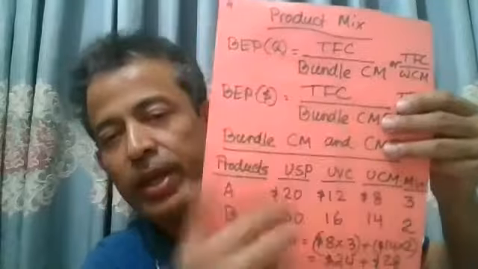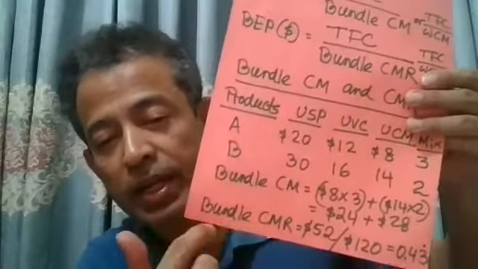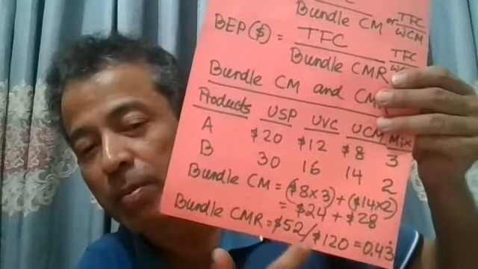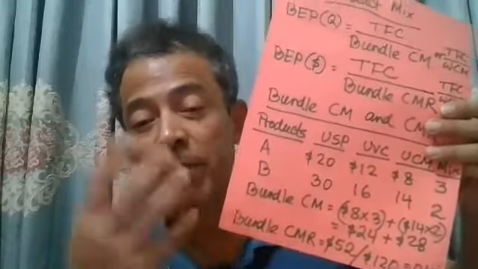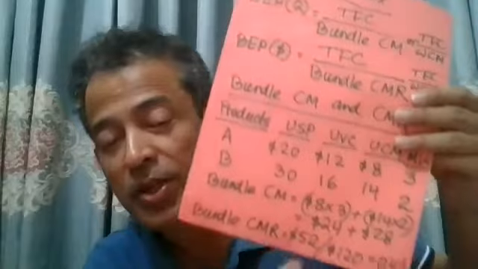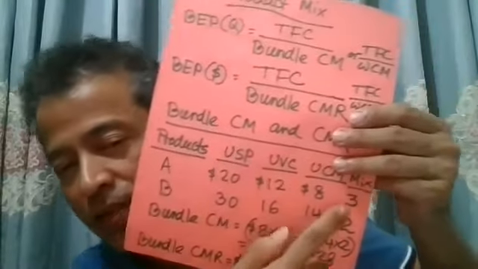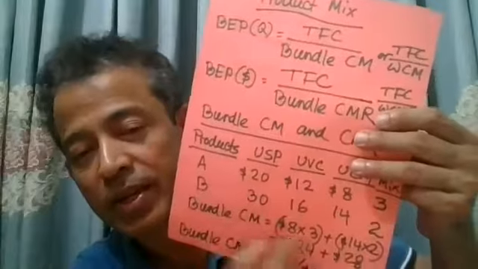So nevertheless, the answer is going to be simple. Total fixed cost divided by bundle or weighted contribution margin. And then if you want the answer in dollars, then it would be total fixed cost divided by bundle contribution margin ratio. Bundle contribution margin ratio is bundle contribution margin divided by bundle sales. So in our case, it would be $52 divided by what is our bundle sales? Each one of A is $20, so 3 times 20 is 60, and 2 times 30 is also 60.